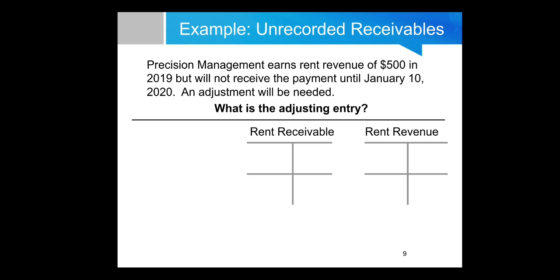So remember, why do you do adjustment? Because you have to follow the matching principle. What does the matching principle say? Revenue for the year 2019 has to be matched with expenses for the year 2019 when the business wants to calculate profit.